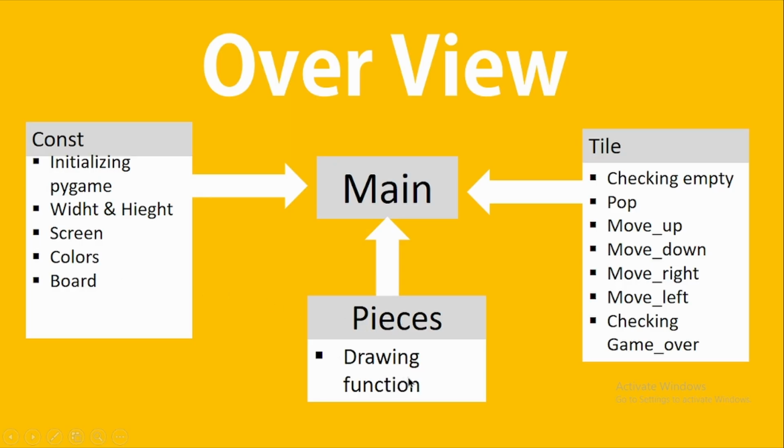For tile, it will contain all the functionalities for the game, such as checking empty tiles and popping out tiles in random spots, move up and move down and move right and move left, and checking game over. And all these files and functionalities will be implemented in the main file in order to run our code.